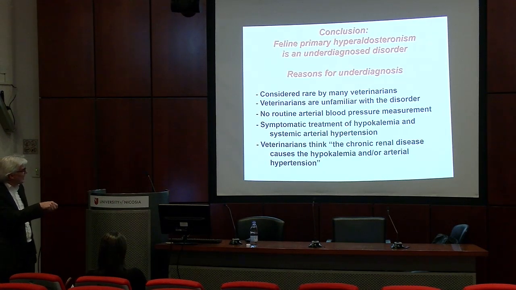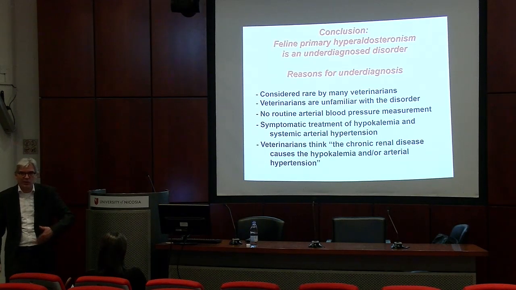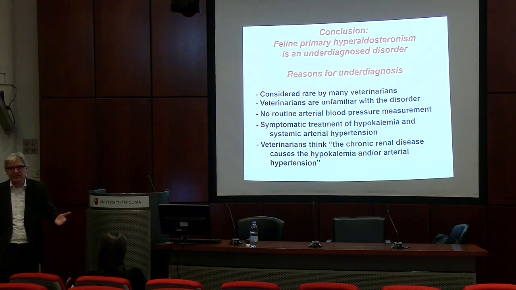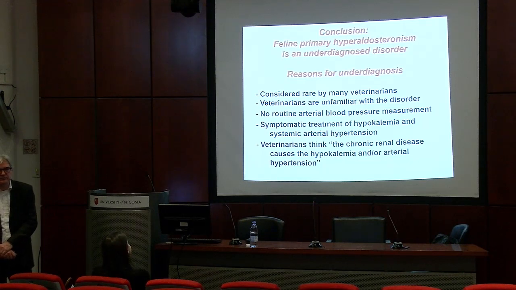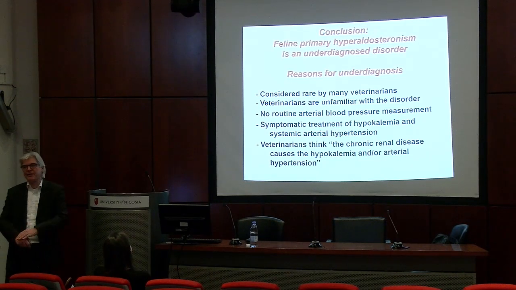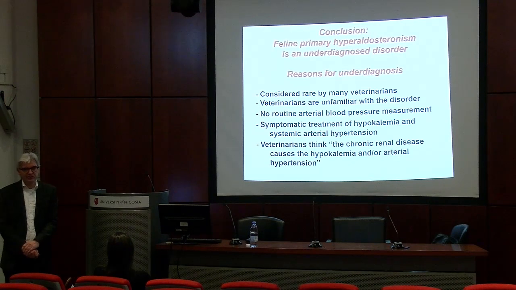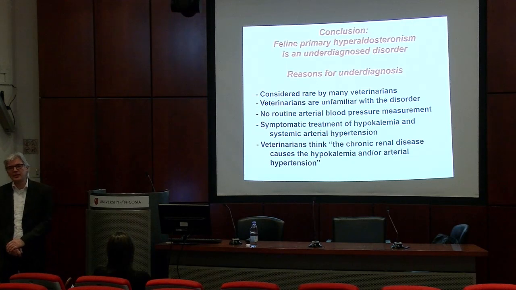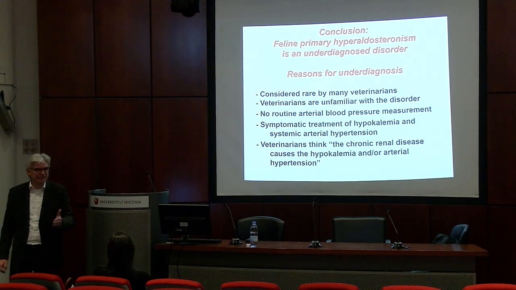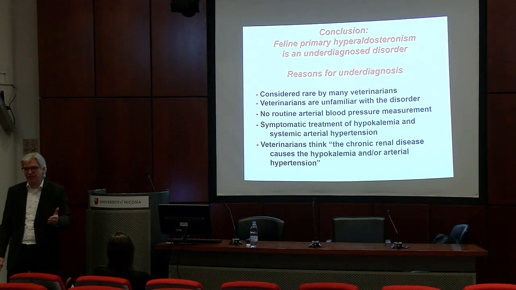What also doesn't help is that if there is hypokalemia and or arterial hypertension, then the patients are treated symptomatically. That's also in human medicine. Think about what happens if you have arterial hypertension and you go to your physician. What will your human doctor tell you? First of all, they will tell you that you have to change the way you live. You have to be more healthy.